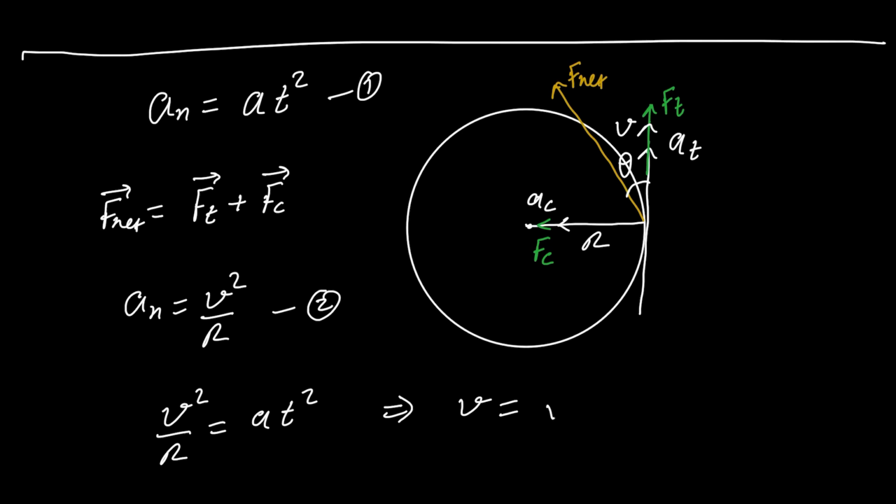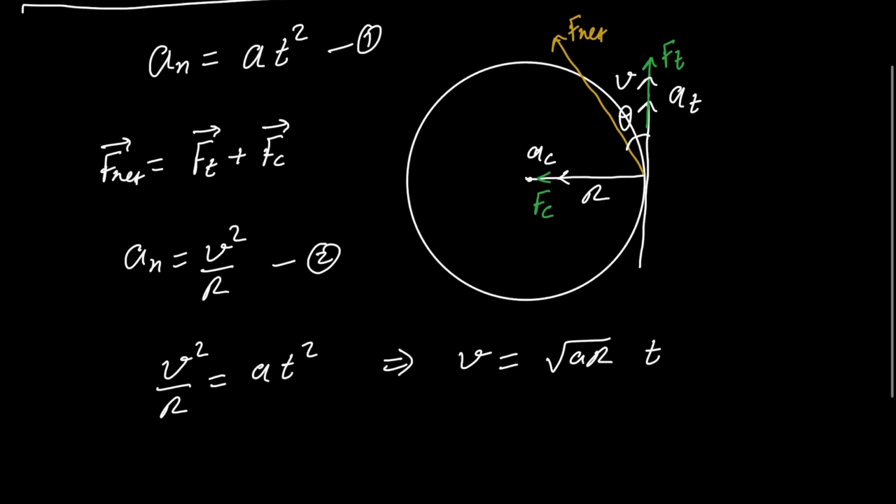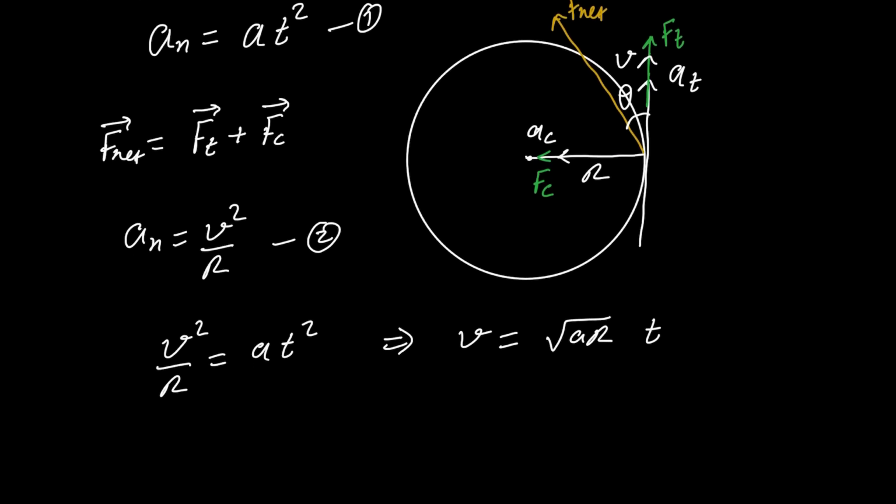Now v is speed, basically v = √(a r t). If this is speed, we know that tangential acceleration is the rate of change of speed. V is speed and its rate of change will give us tangential acceleration.